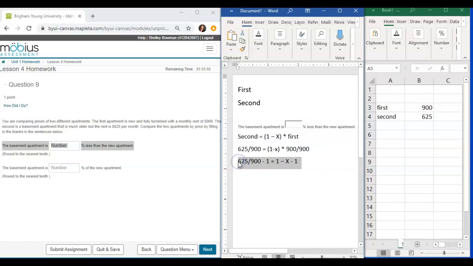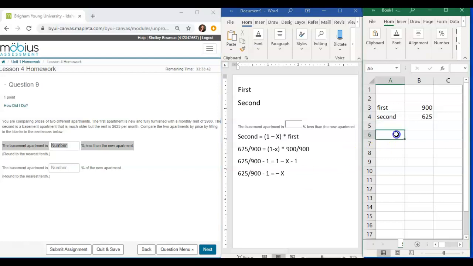I'm just going to copy and paste this for my next step. 1 minus 1 is 0, so I'm left with just negative X. And so we'll just divide that at the end. I'm going to come over here and we'll divide these and then subtract the 1.